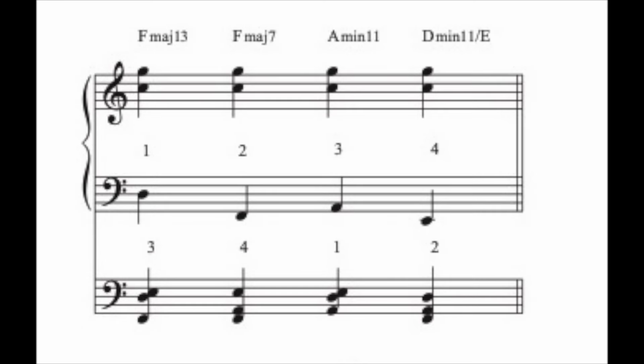If we start on step 3, again without changing the order of the NuEVI's rotating function: F major 13th, A major 7th, A minor 11th, D minor 11th over E. That's a pretty thick sound.